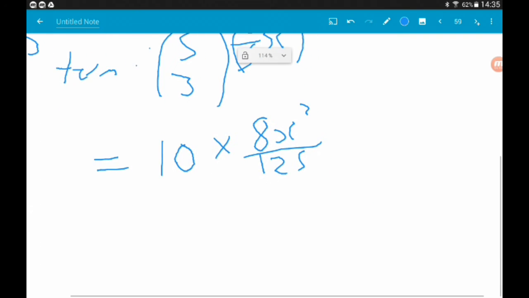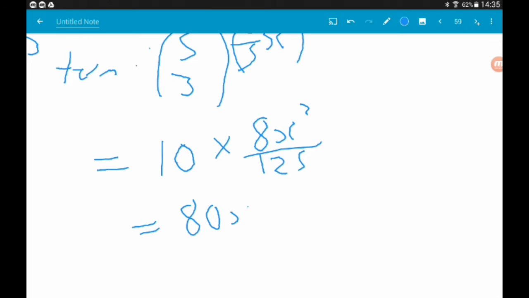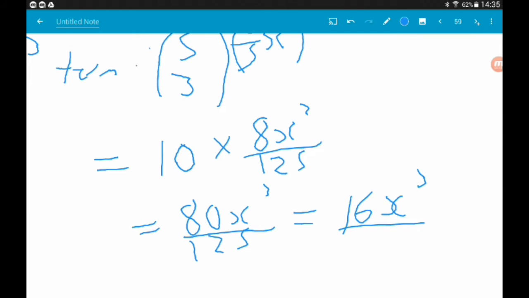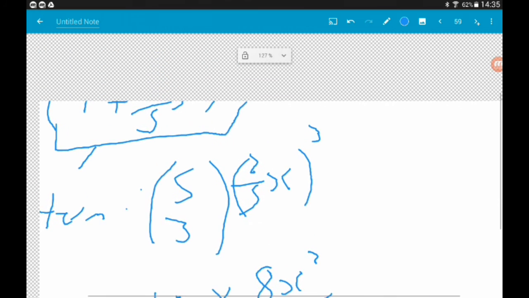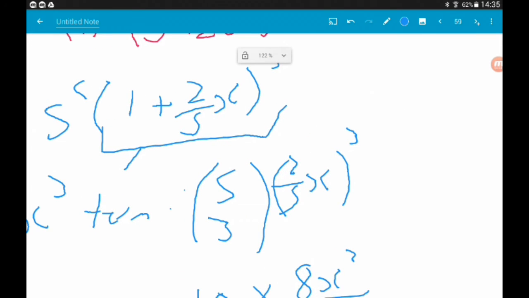So, hoping I can do this without a calculator. This is going to give us 80 x cubed over 125, which then has a common factor of 5, so it's 16 x cubed over 25. So that is the x cubed term just of the binomial expansion of 1 plus 2/5 x to the power of 5.